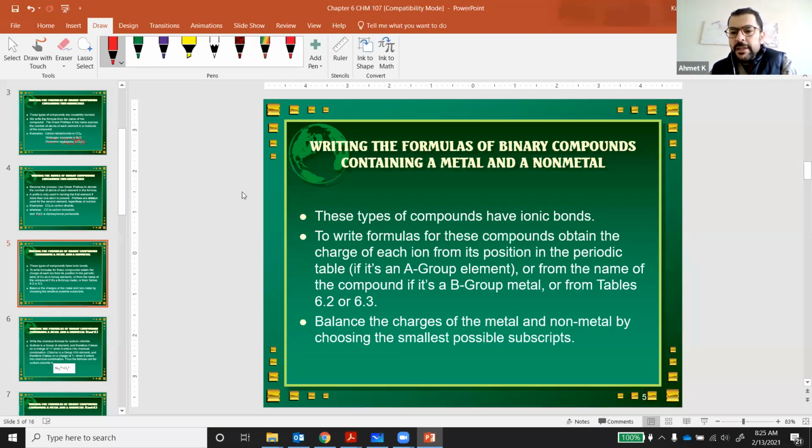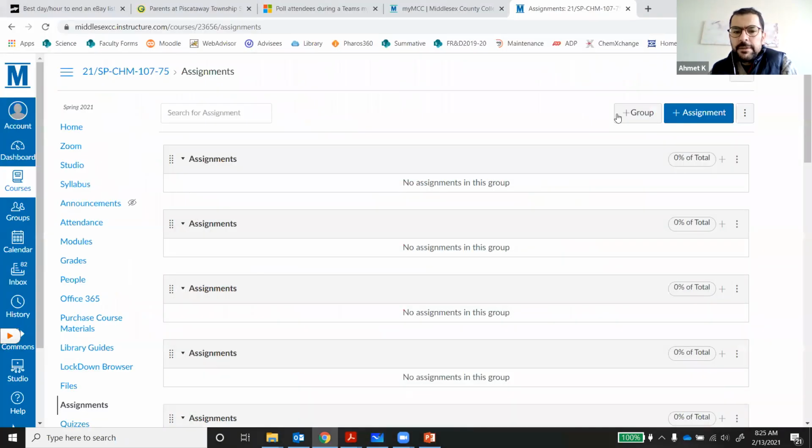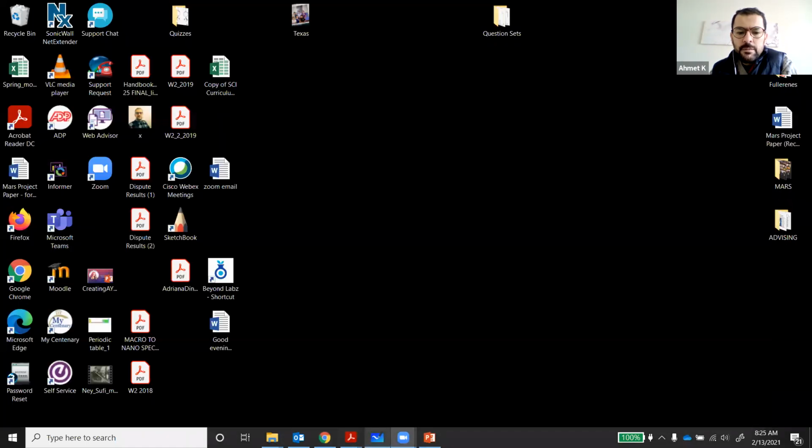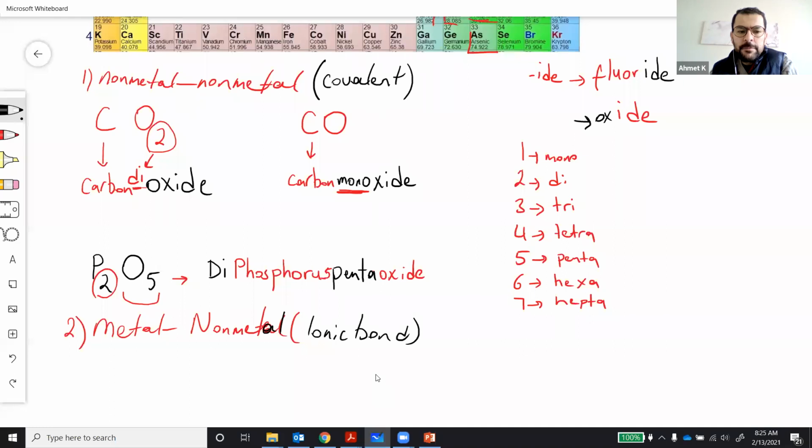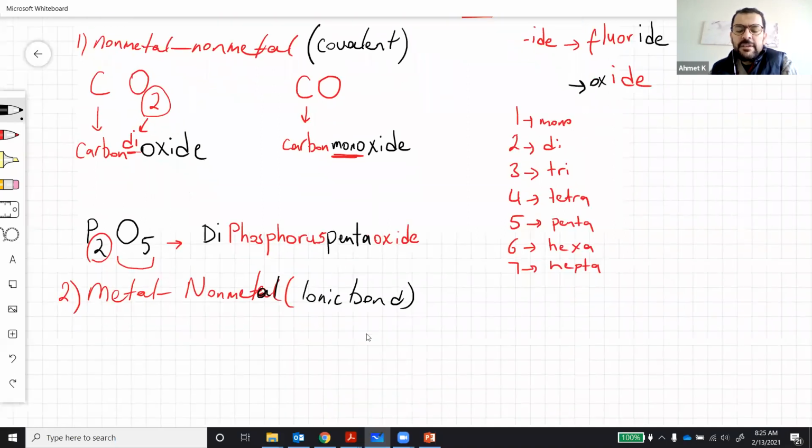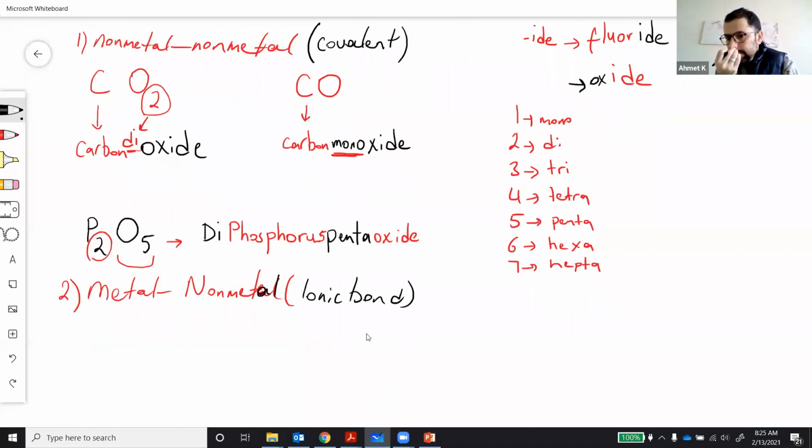Yeah, let's talk about the naming first. Let me get my whiteboard. Okay, so let's take a look at the simplest example that we've seen over and over again. Let's say you have sodium and then chlorine.